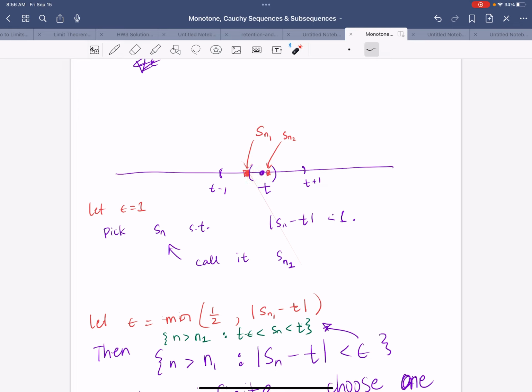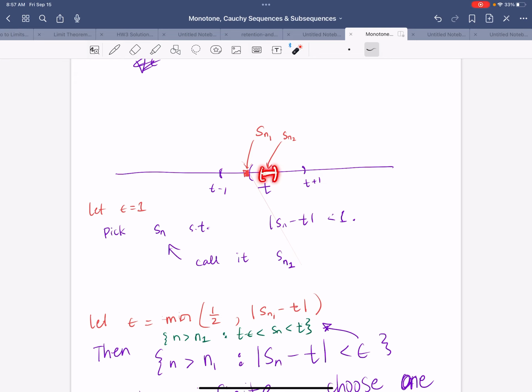Well, could this set be finite? If this set is finite, so I know that this whole set has infinitely many of the terms. So either this has infinitely many or this has infinitely many, right? And now, if this has finitely many, then this set now has infinitely many. And so then I would say, okay, now you can build your sequence using this side here.